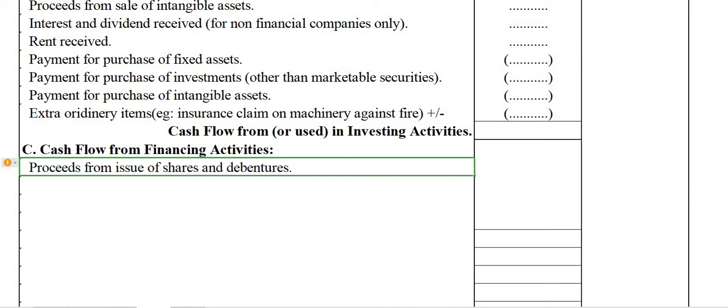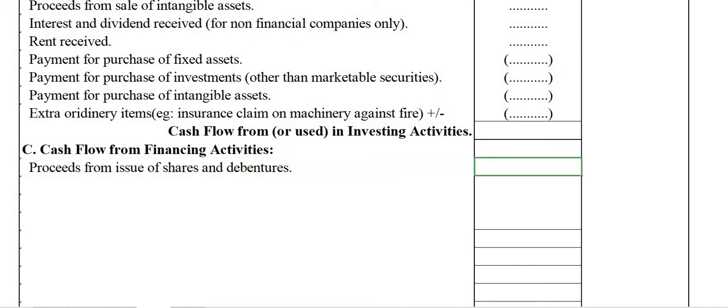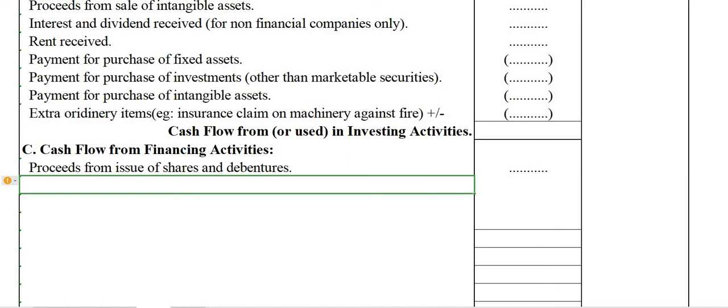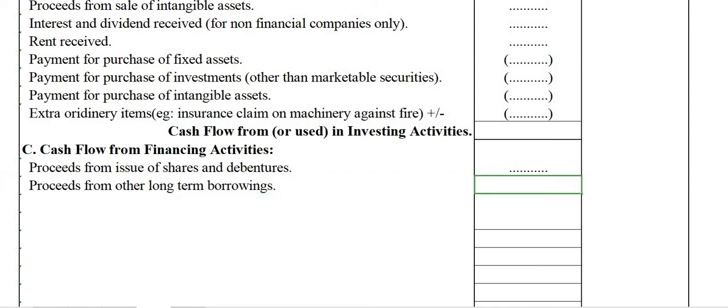First we can write proceeds from issue of shares and debentures. If we issue shares or debentures, we get finance, money we get, and that can be mentioned. In this year, if we issued any shares or debentures and received money, that money can be mentioned here. Then proceeds from other long-term borrowings. If we have received any other long-term borrowings, that money amount can be mentioned.